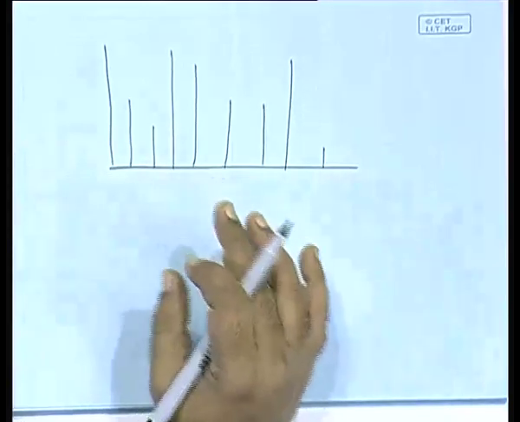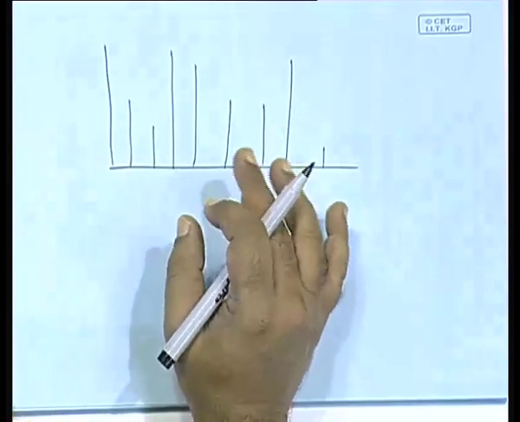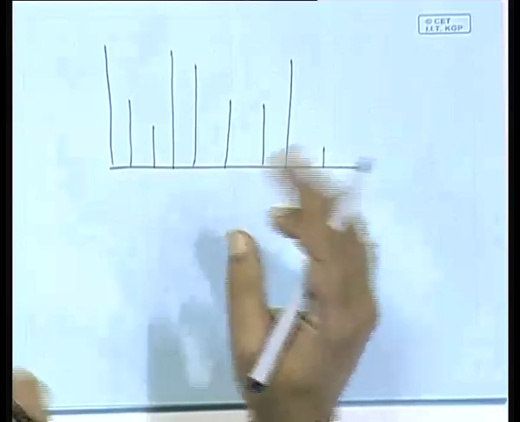But this graph is not all that useful for the purpose of design. What is the purpose? I have got a flow. I need to decide how much energy can be extracted from it, what should be the size of the reservoir that I will create, what should be the rating of the turbine that I will buy.